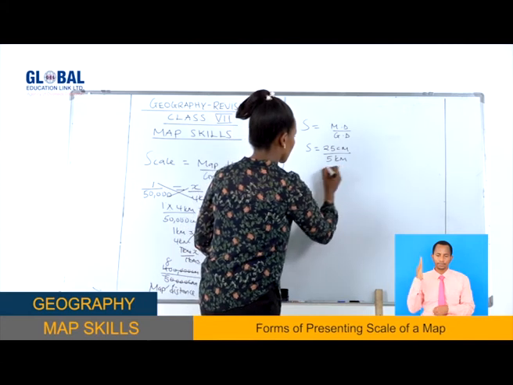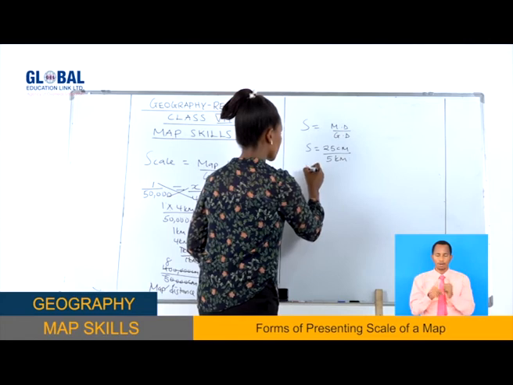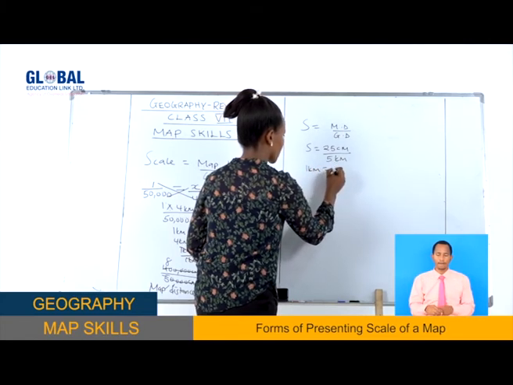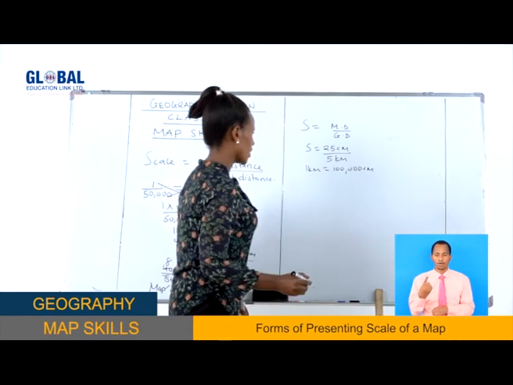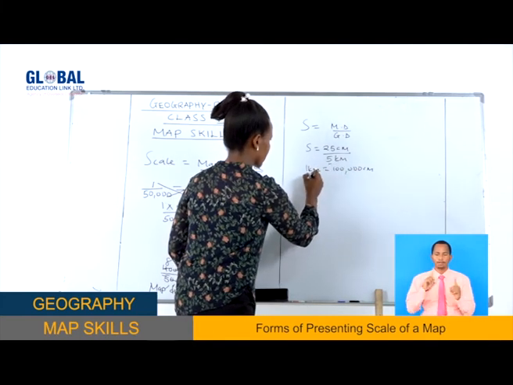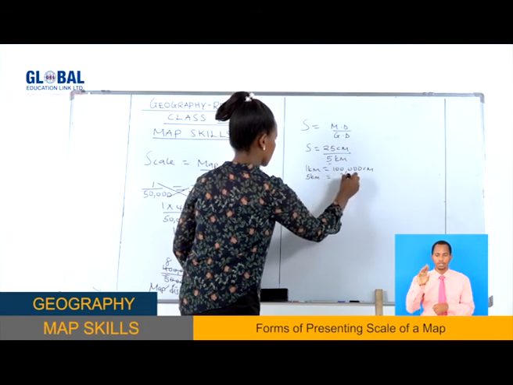So here you just take these kilometers and change them into centimeters from the constant formula that 1 kilometer is equal to 100,000 centimeters. Then change 5 kilometers into centimeters.